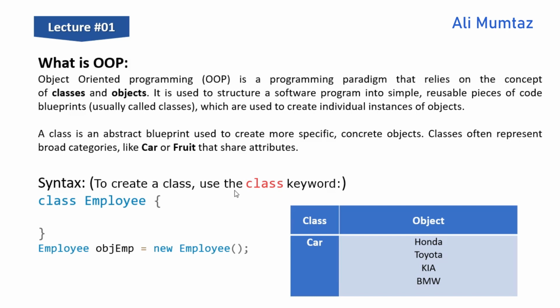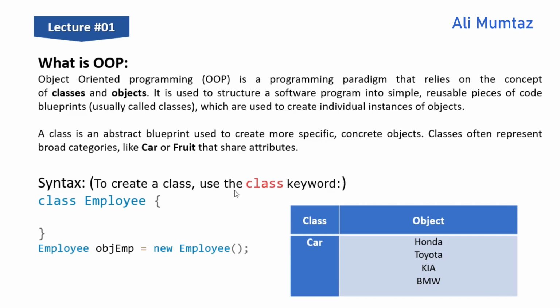A boy has a specific height, hair color, weight, eye color, all these are his attributes. And he feels thirsty, he feels angry, all this is his behavior, his emotions. So this is the basic difference between classes and objects.